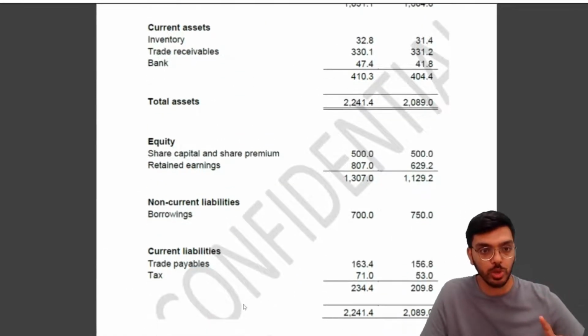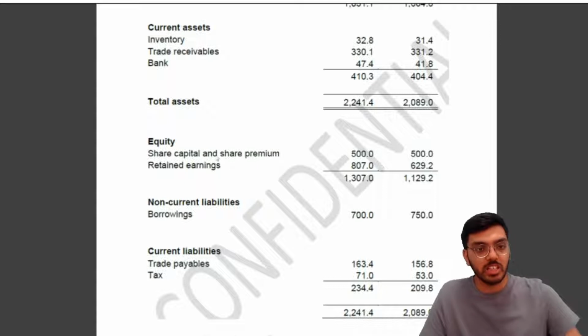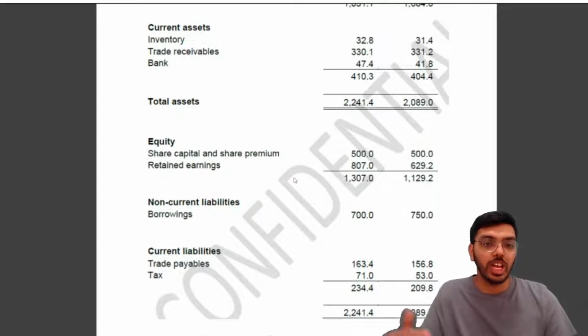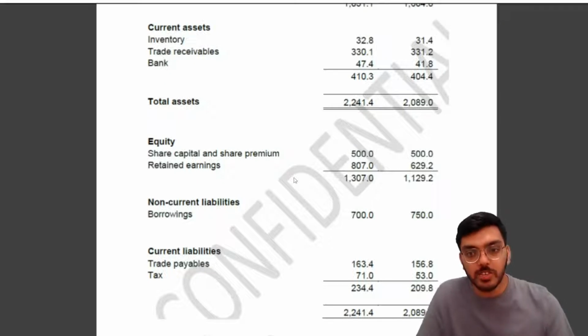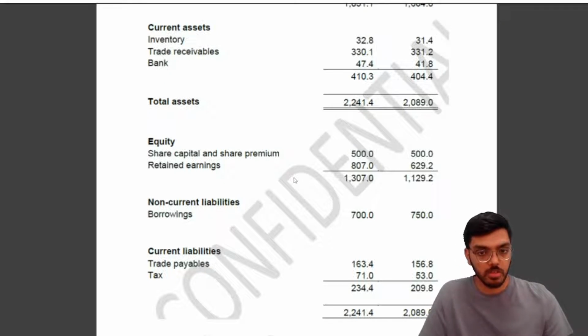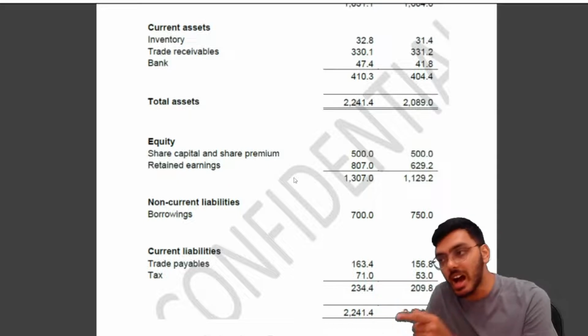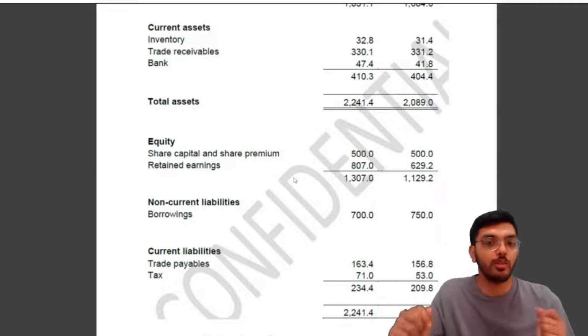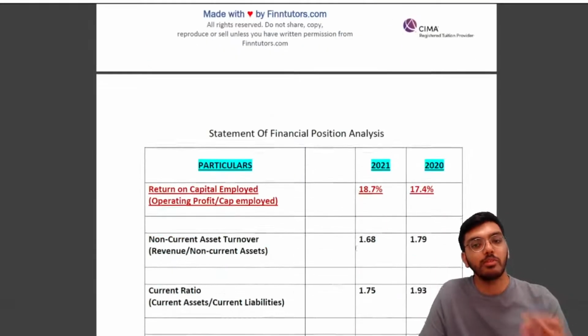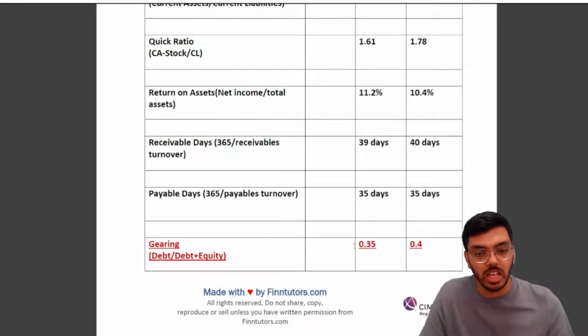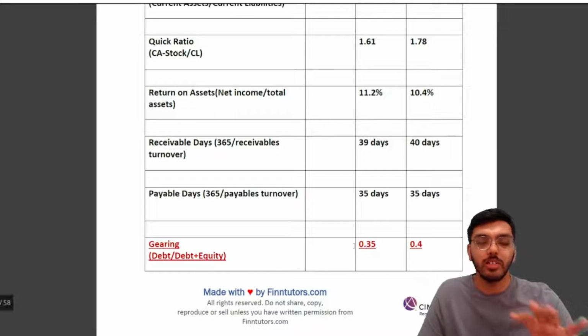I want to show it to you over here. You will see that the share capital and share premium was 500. Your borrowings were 700. So your borrowings are a big part of your finance, which I will say is needed. But for our case, the gearing ratio is one that has reduced.